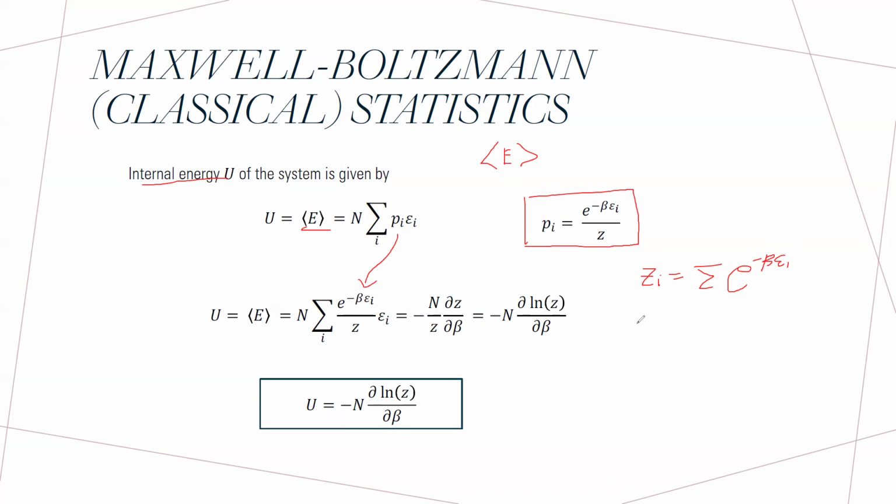And then if we differentiate this with respect to beta, what happens is the exponential term does not change.